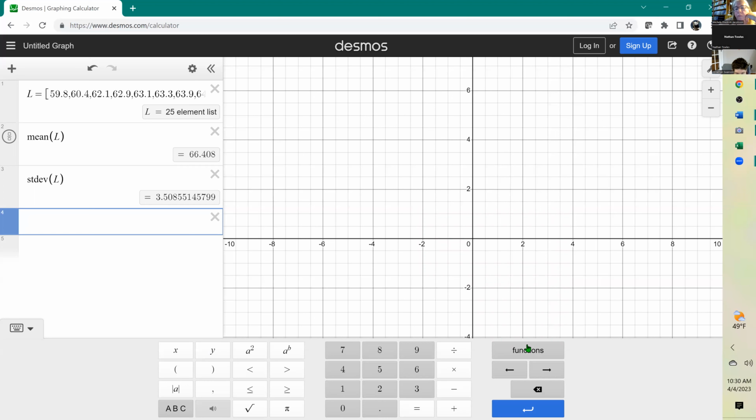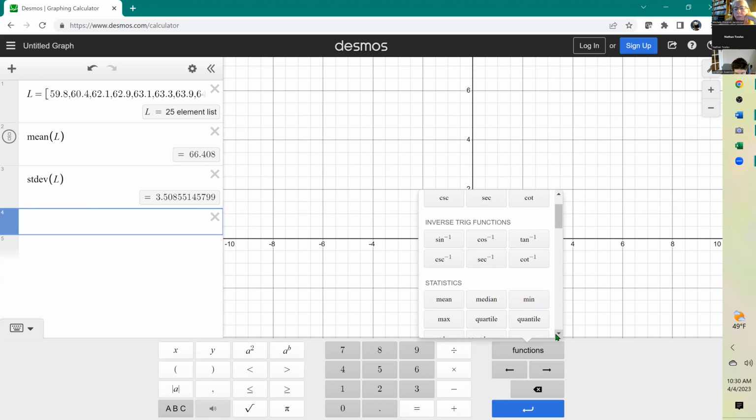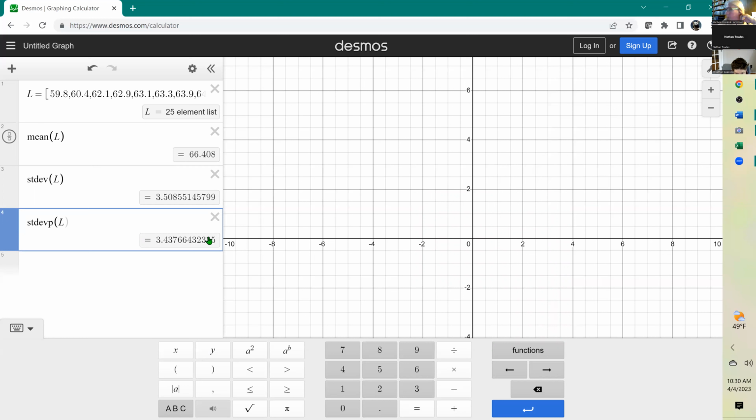Let's try the population one. Yeah, it's even lower. We had 4.4, which is definitely a high estimate. But there's our mean and our standard deviation.